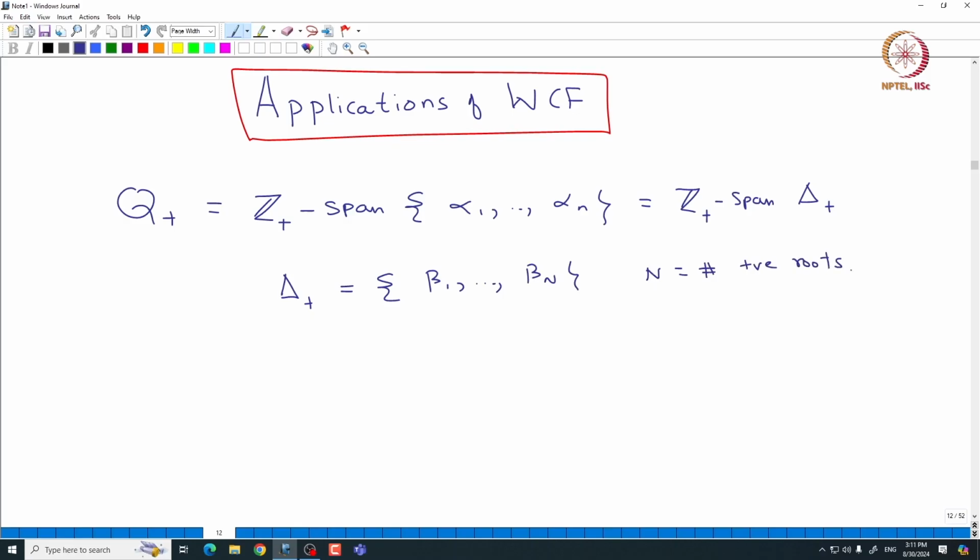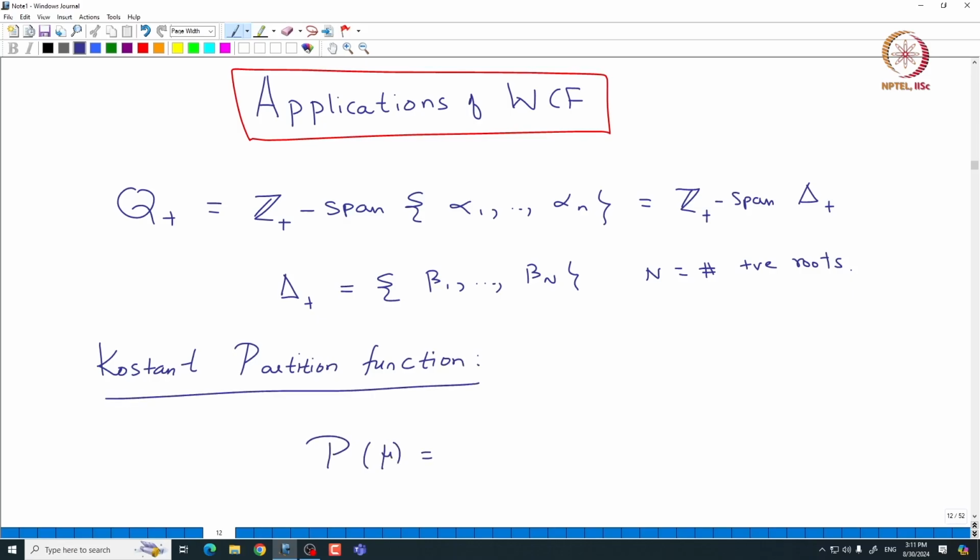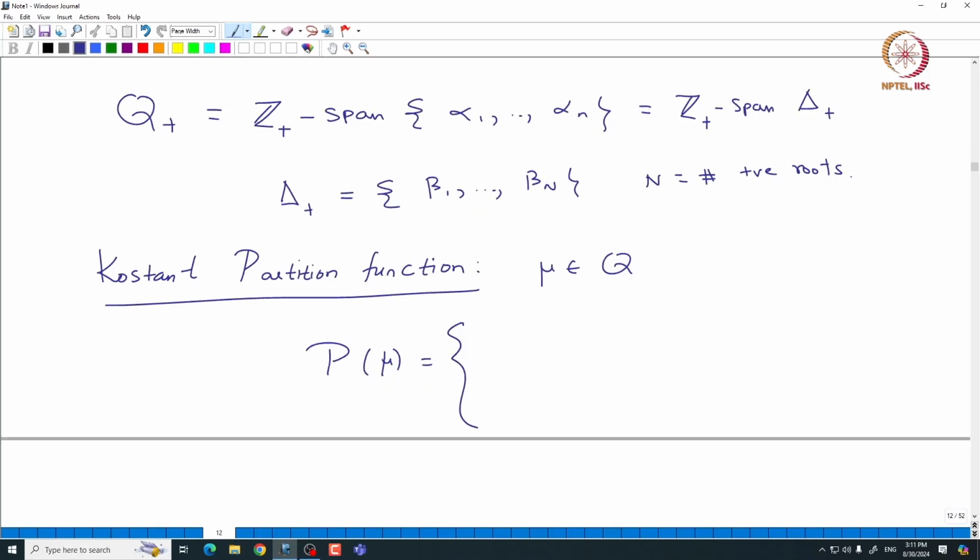Now given this, one can define this function called the Kostant partition function, which is defined to be, let us call it P of mu for mu in Q. This is defined to be the number of tuples R1 etc. Rn such that mu is written as R1 beta 1 plus etc. Rn beta n.